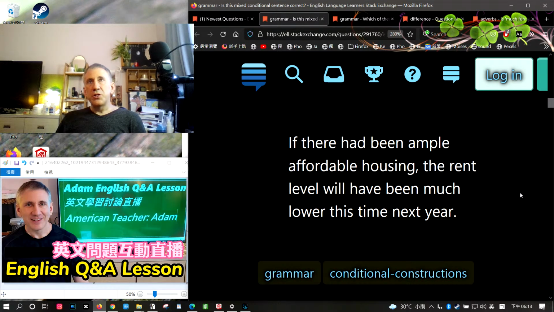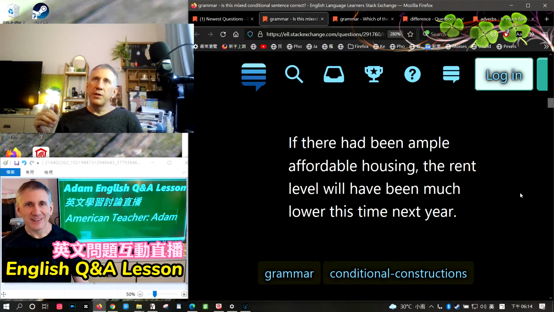The next type is type 1, and in a type 1 conditional, this is something that is very likely to happen in the future. For example, if it rains, we will call off the baseball game.